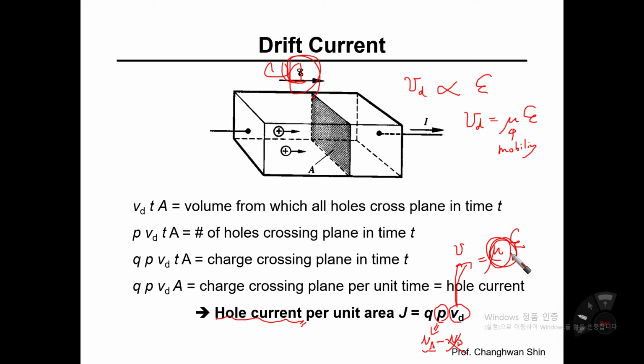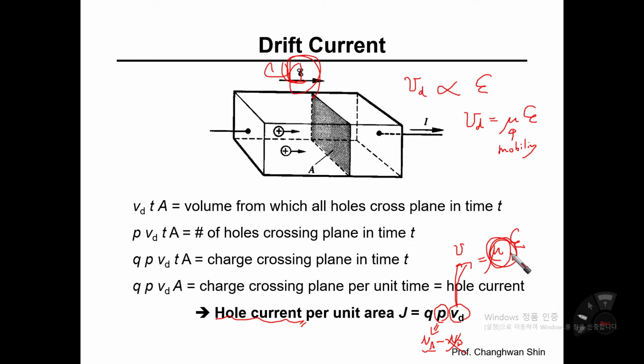Any technology or idea to enhance the mobility in p-type silicon material, and of course in n-type silicon material as well, would be a good idea to boost up device performance.